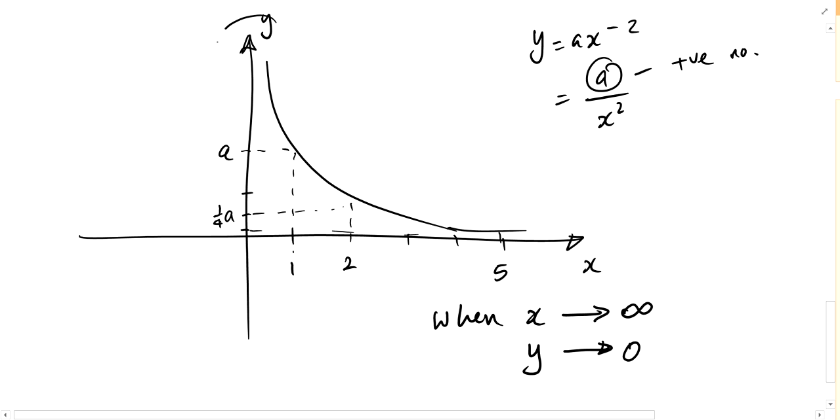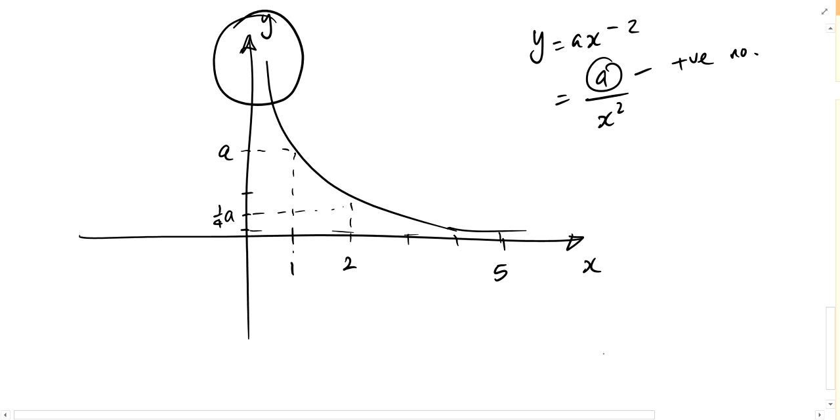Then let's talk about this portion. What happens when x gets smaller and smaller? Since I've got x equals 1, y equals a, what happens when x equals half? So y will be equal to a over 0.25.